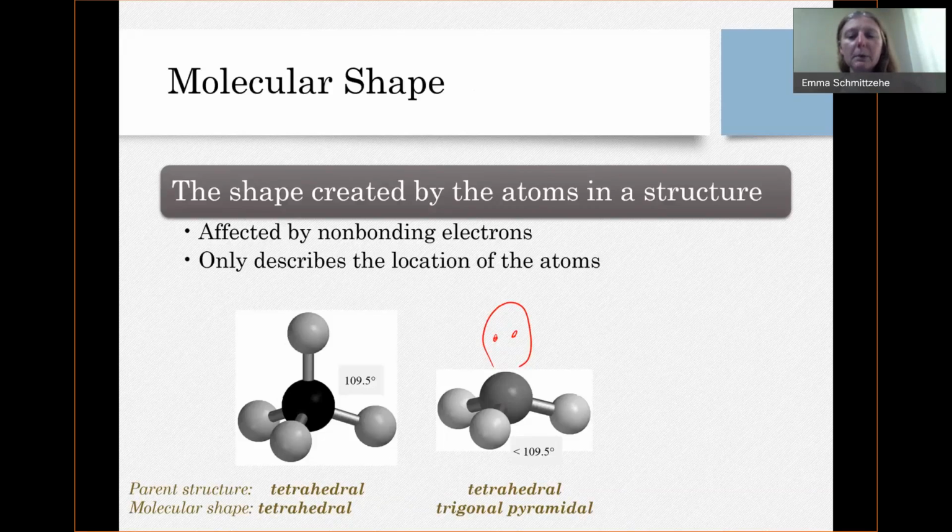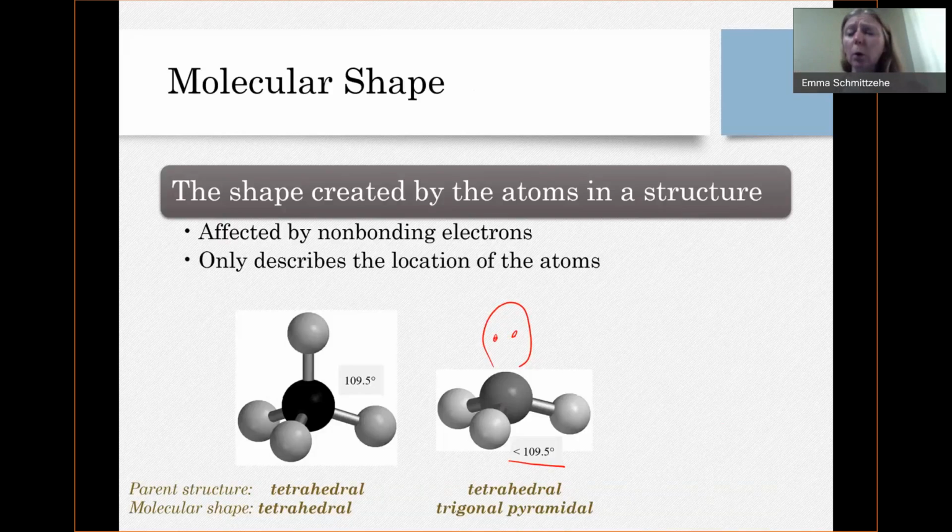And so that's where that name is coming from. And what you see here is, again, an angle that they say less than. So it's still the tetrahedral angle because it's still a tetrahedral parent structure. But that lone pair, remember, is going to push a little bit harder on those bonds. And so it causes that angle to be a little bit smaller.